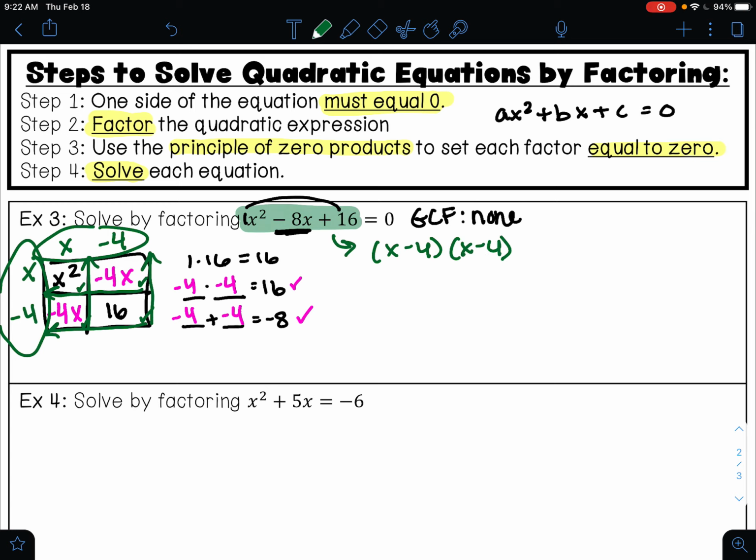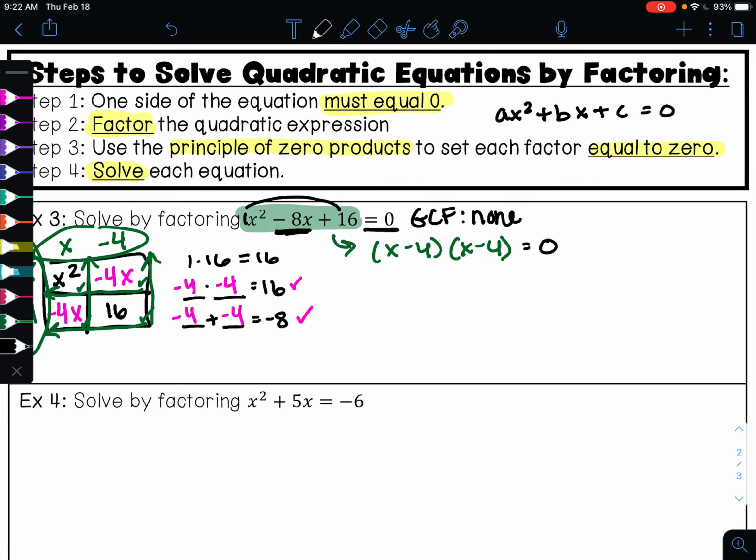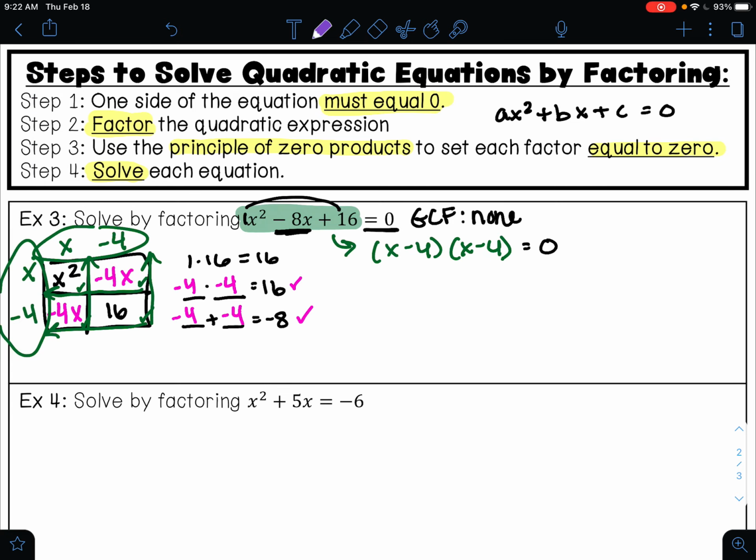And this is still going to equal 0, just like how it did over here. So now this looks like the 3 examples that we did on the front page, where I have 2 factors being multiplied together to equal 0. So now I can use the principle of zero products.